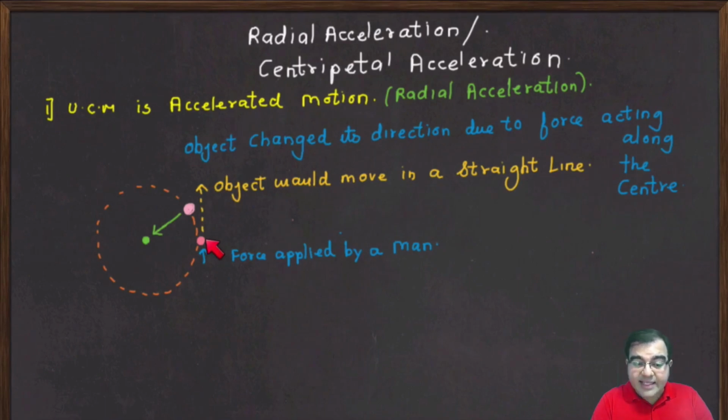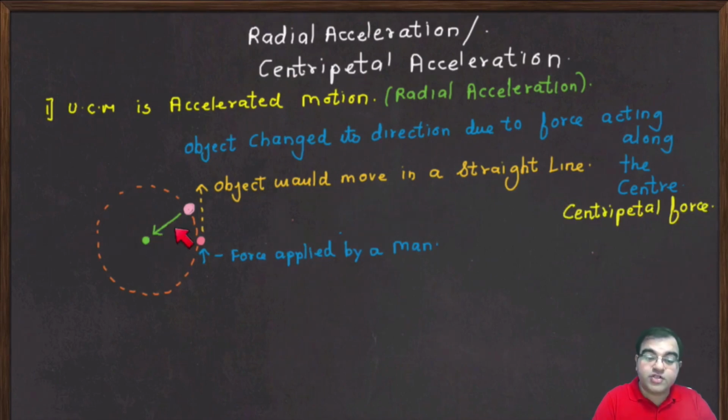The fact that the object has changed its direction is obviously due to a force acting on this object, directed towards the center. If this force which I have shown in green had not been there, the object would have gone in a straight line. So the object is changing its direction only due to a force which is acting on the object and is directed along the center.